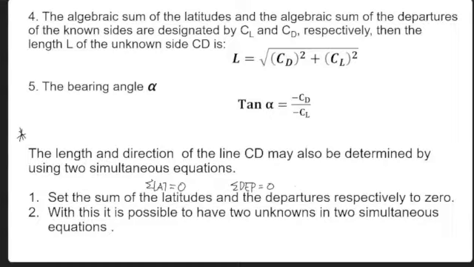If our latitude is positive, it is north; if negative, south. If the departure is positive, it is east, and negative is west. After that, our length is equal to the square root of latitude squared plus departure squared, the same as before for the length, and tangent of the bearing is departure over latitude.